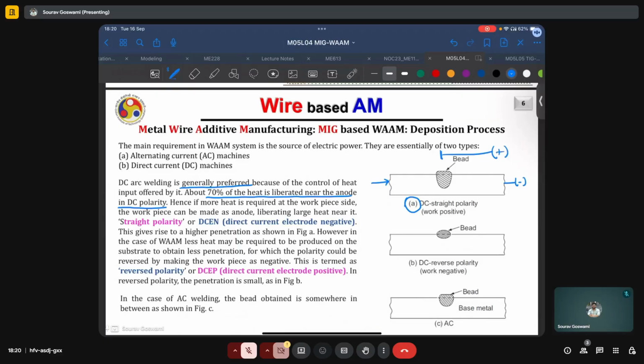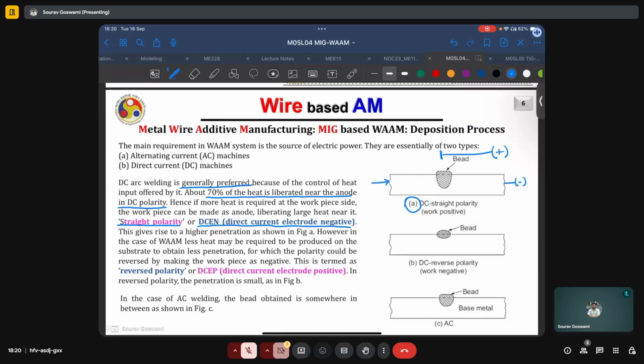And then 70% of the heat will be liberated near this substrate. And so we can expect a deeper weld. If more heat is required at the workpiece side, the workpiece can be made as anode, liberating a large amount of heat near it. And this configuration is referred to as the straight polarity or direct current electrode negative type configuration.